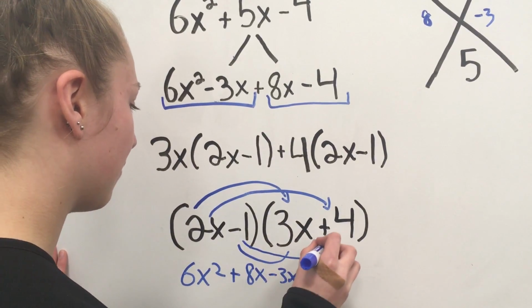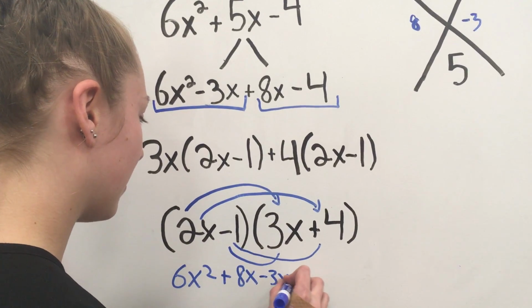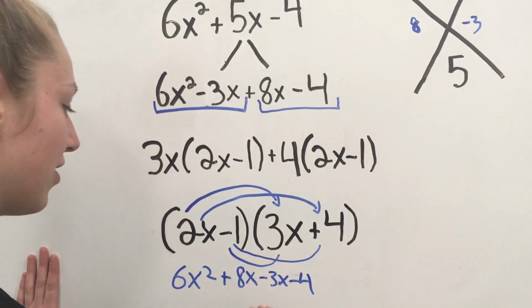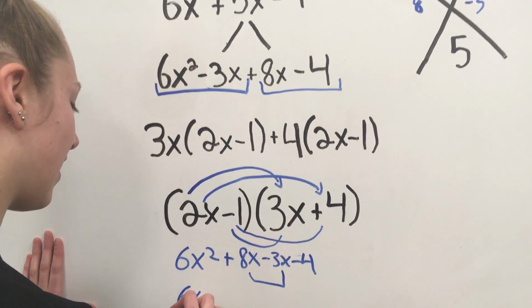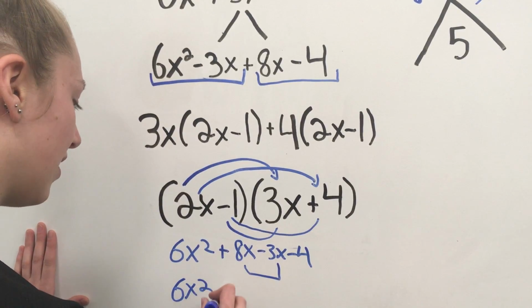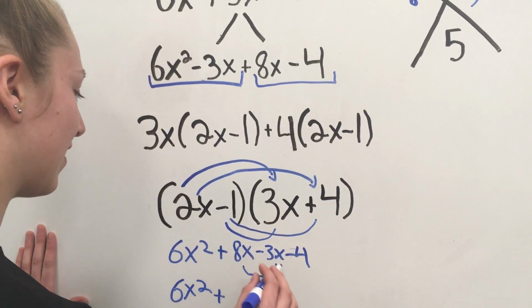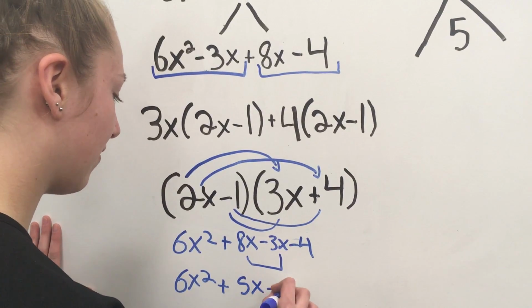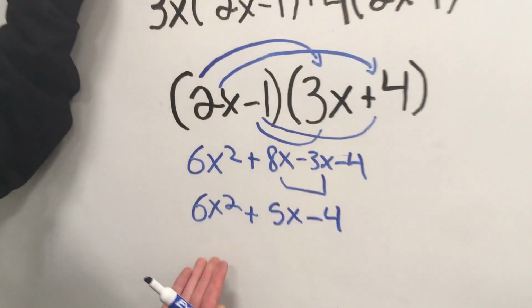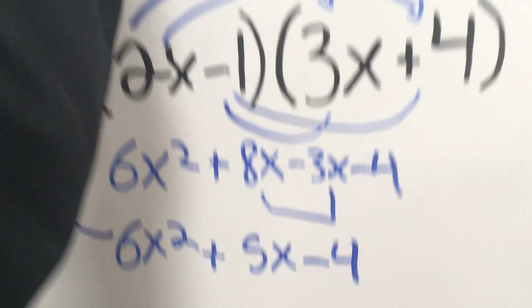And again, negative 1 and 4, which is negative 4. So you just have to add these terms together. So it'd be 6x squared plus 8 minus 3, 5x minus 4. Correct answer.